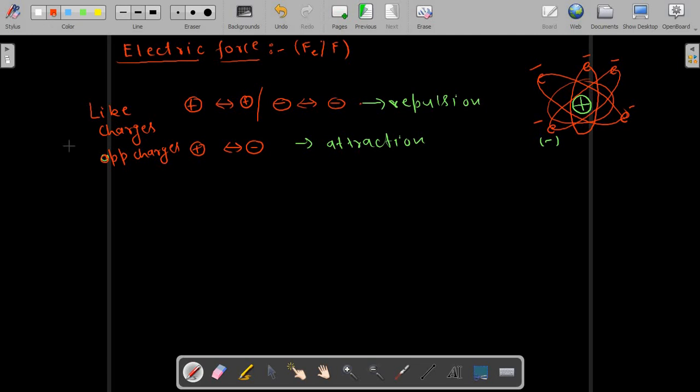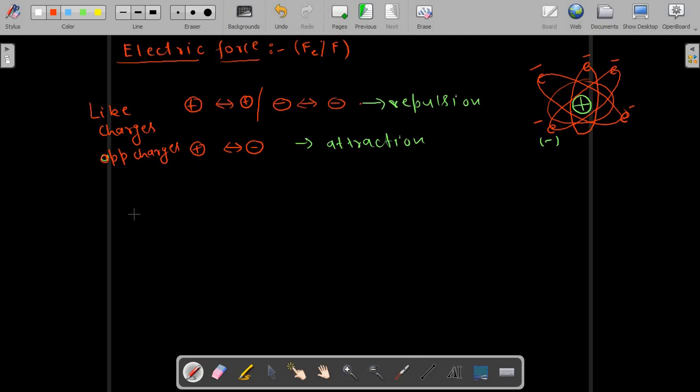Yeah, I got it. So initially the scientists were doing a study and they found that if the charges are opposite, there is attraction, and if charges are like, then there is repulsion.